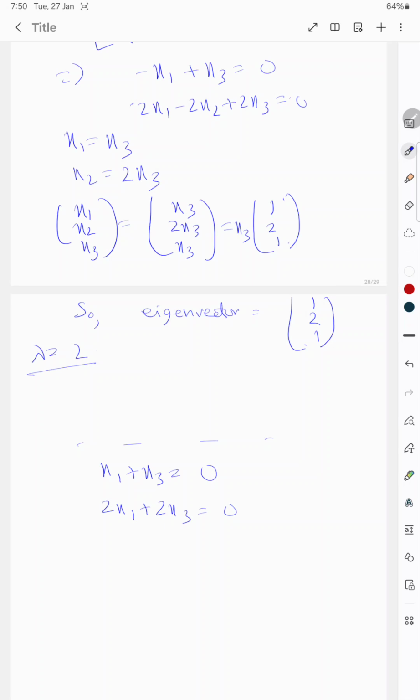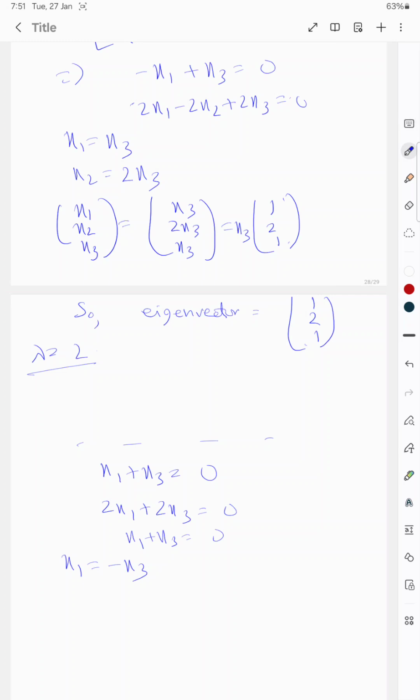These two equations you will get. You see, both of the equations are actually the same thing. All the equations are the same, right? You have actually x1 equal to minus x3, but x2 is your free variable, okay?